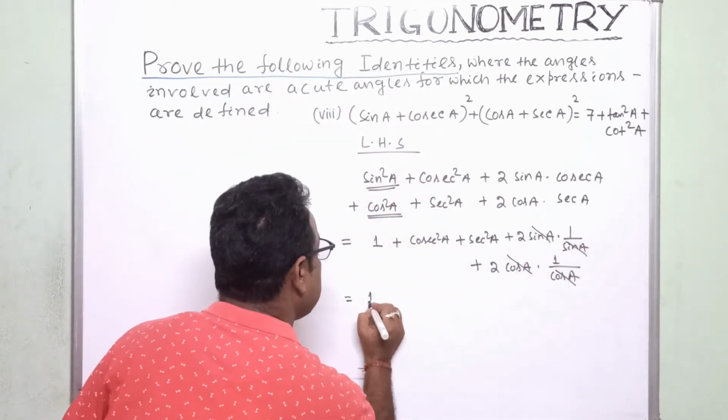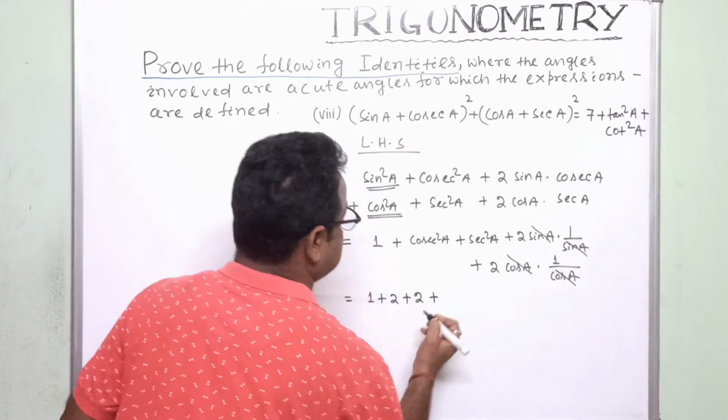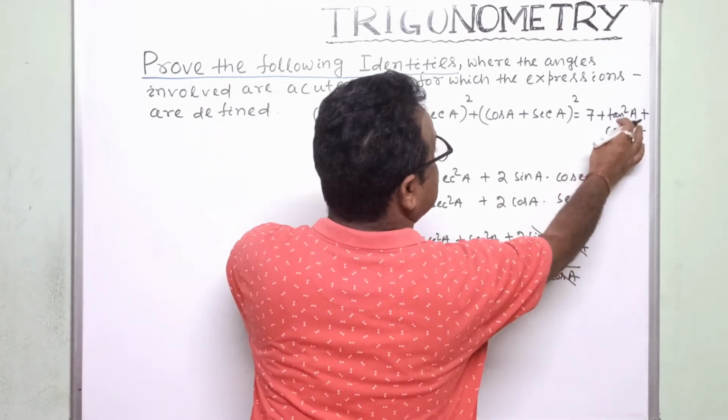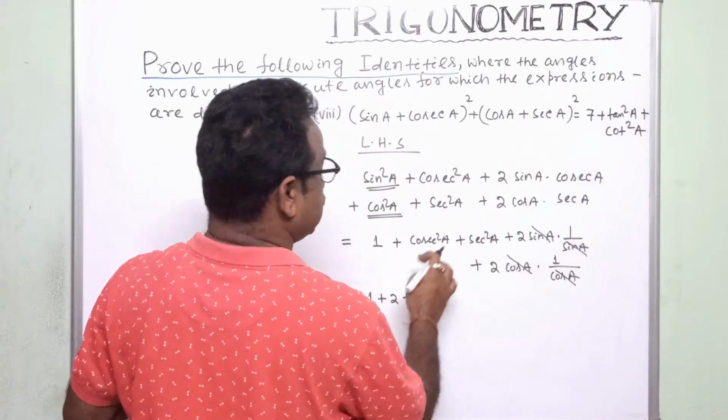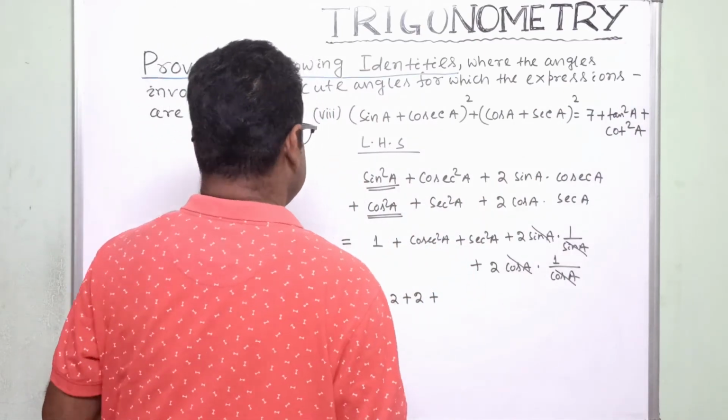That is equal to 1 plus 2 plus 2 plus cosec square A plus sec square A. We require tan square A and cot square A. So we will use the identity.